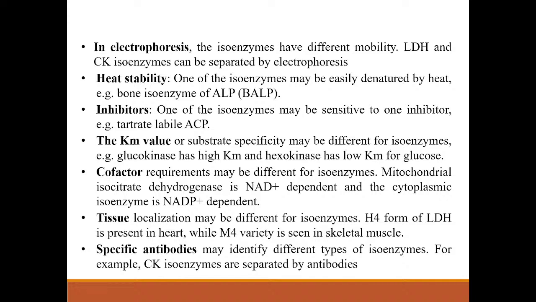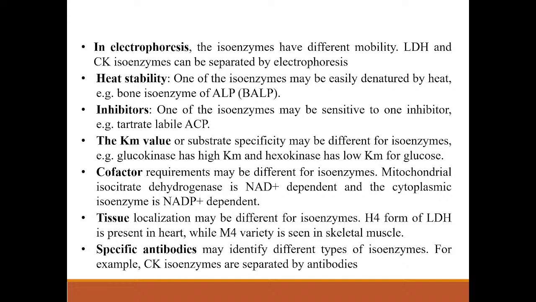Tissue localization may be different for different isoenzymes. The H4 form of LDH is present in the heart, whereas the M4 variety is present in the skeletal muscle. So, LDH, how many subunits will be there? You should know how many subunits. I will show you in the figure. They are present in muscle, heart, and other places. Any other places you know?